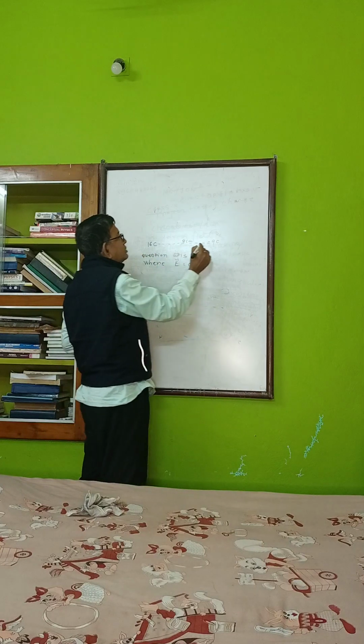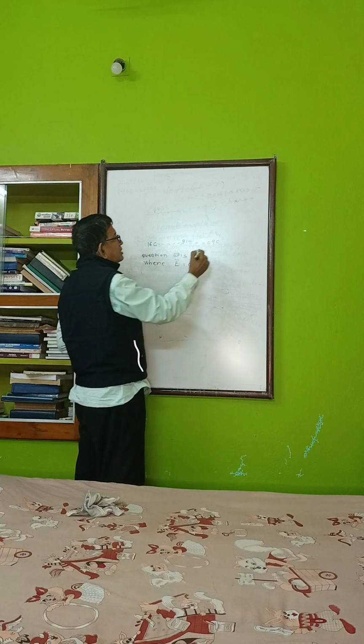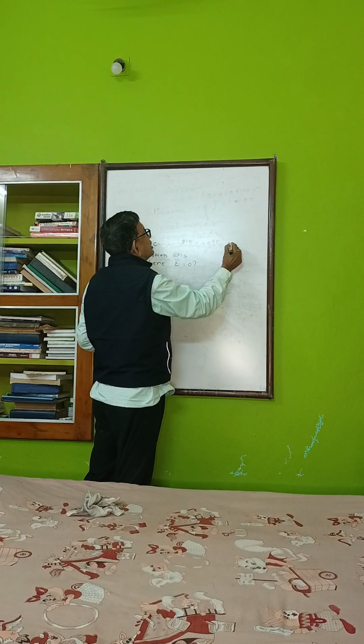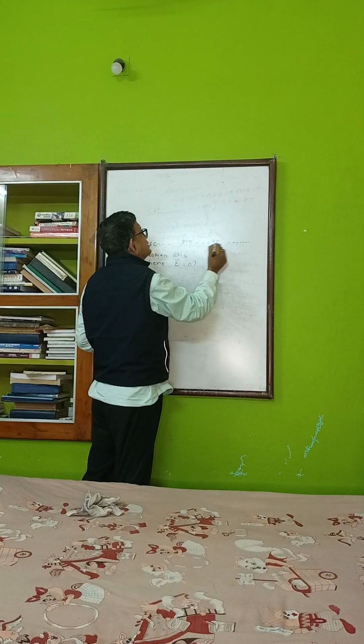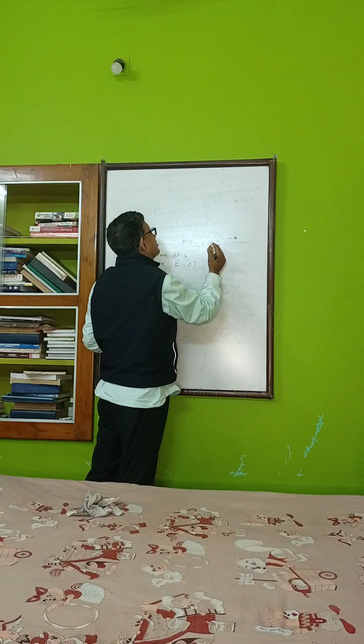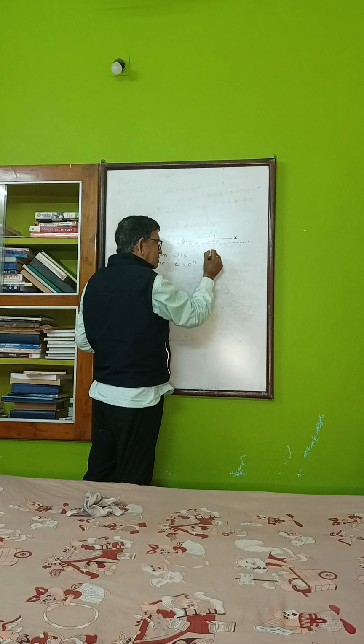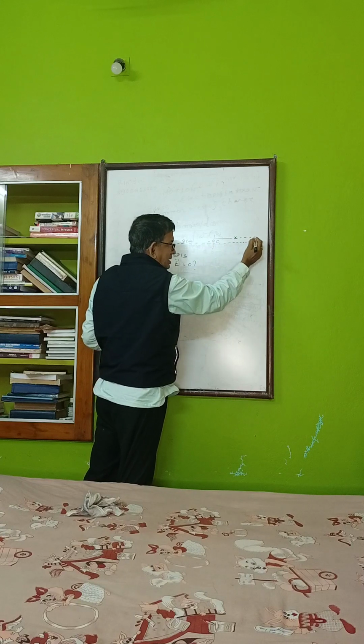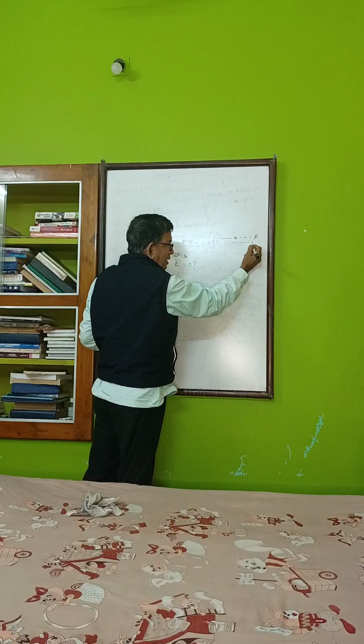So what will you do? Suppose you think that at a distance x from the minus 9 Coulomb charge, beyond the distance 8, consider a point P where E is 0.